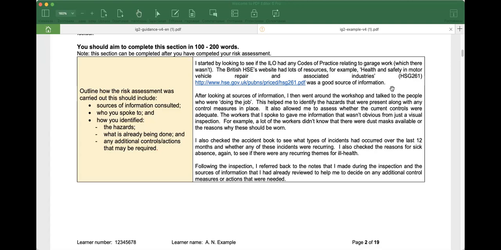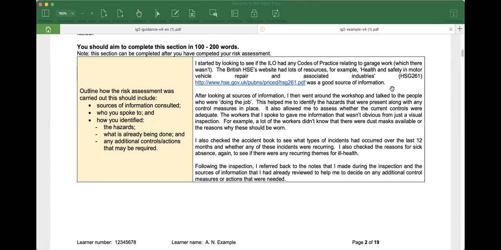Remember, you are only allowed to use two types of references. One is from the ILO. If you are carrying out a risk assessment on an oil and gas organization but cannot find any information about it on the ILO website, but you can find the same information on the HSE website, then you must mention that the information you consulted exists on the HSE website.